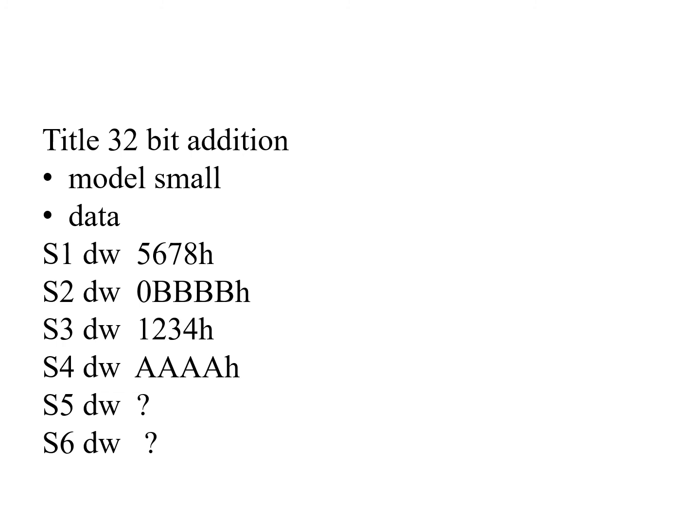But 0 is not required in segment 3 because it starts with a number, so it will identify it's a 16-bit number. But if it starts with an alphabet, we have to start with 0 in order to mention that it is a value. And already I told you S5 and S6 are allocated for the answer.